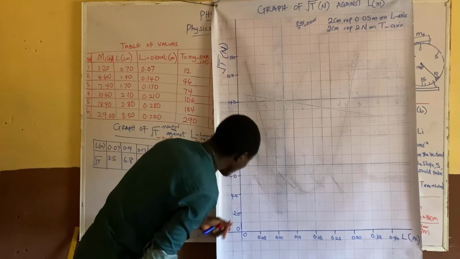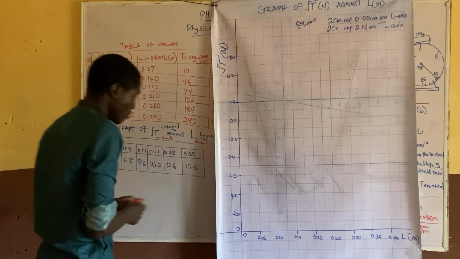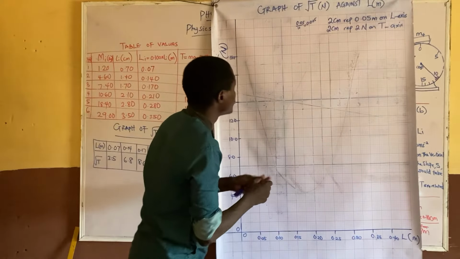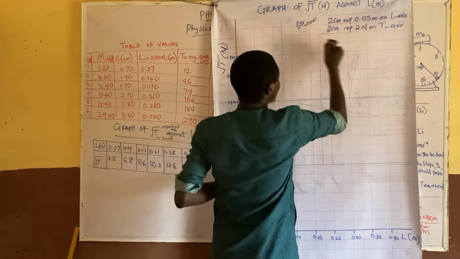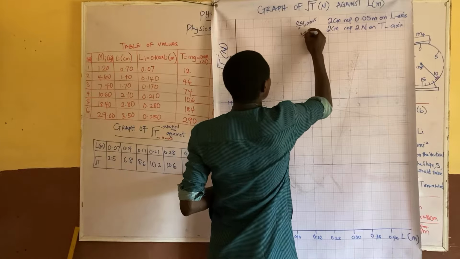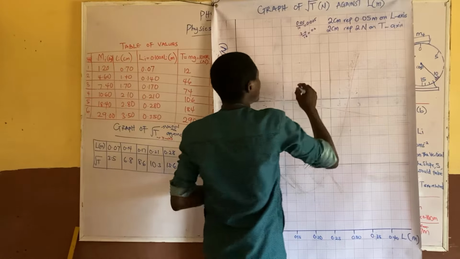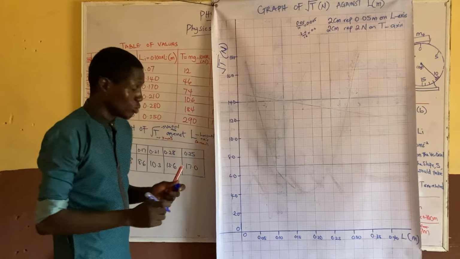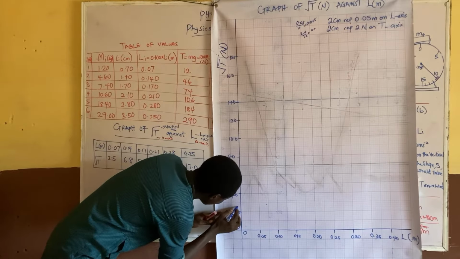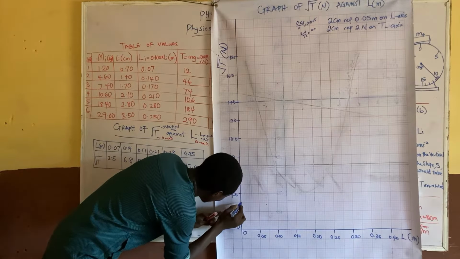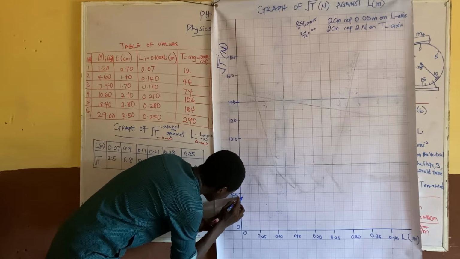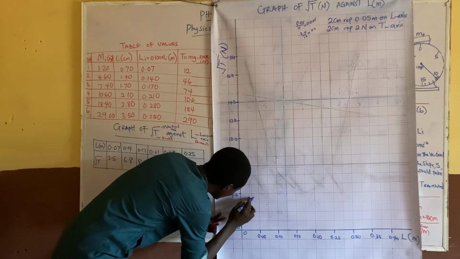So now let's look for 3.5. If this is 2.0, 2.0 divided by 10 gives us 0.2, meaning each small box is 0.2. So 2.2, 2.4, 2.6, 2.8. This is 3. Now 3.2, 3.4, 3.5 will fall in the middle of this box.